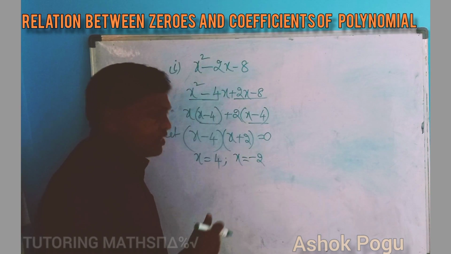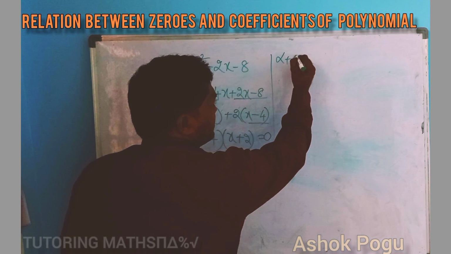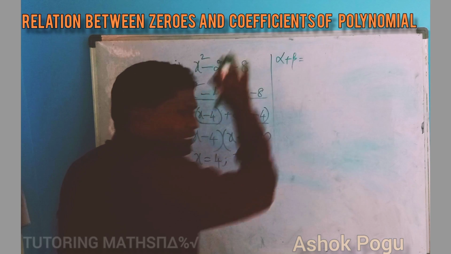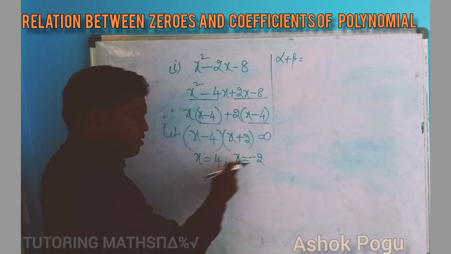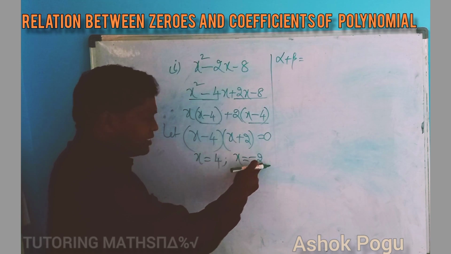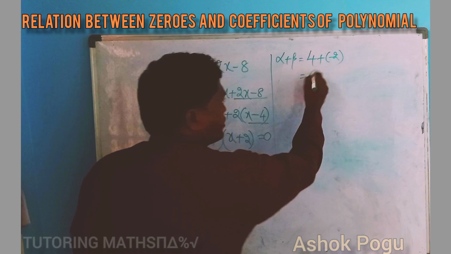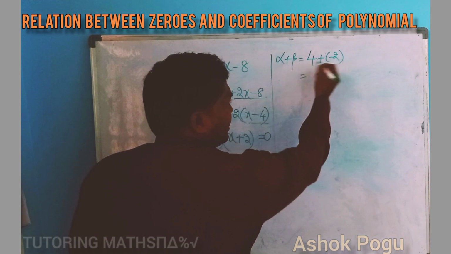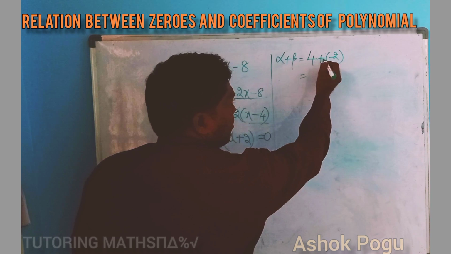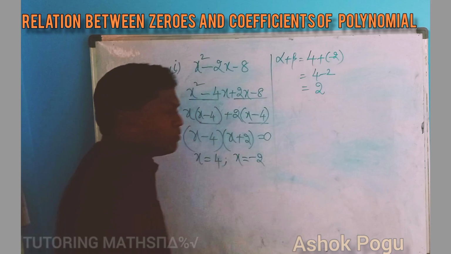Now let us verify. First of all, the sum, alpha plus beta. The first zero alpha is 4 and the second zero beta is minus 2. Find their sum: 4 plus minus 2. What is the result? 4 plus minus 2, plus into minus is minus, we get 4 minus 2 is 2.